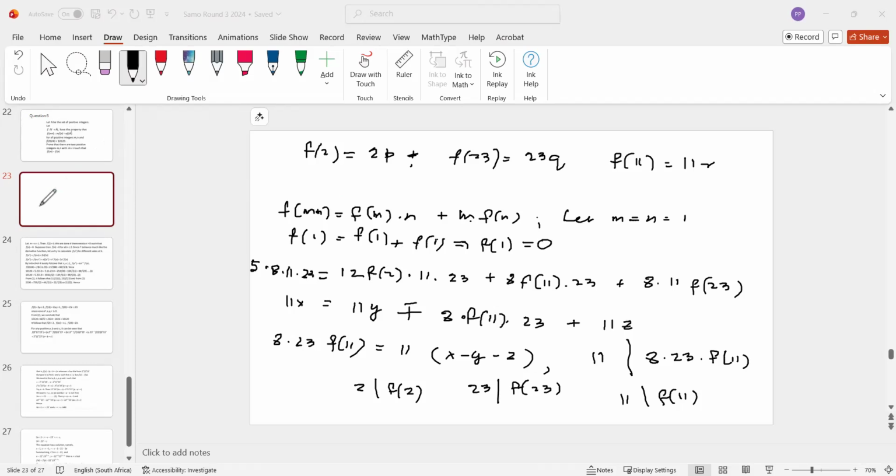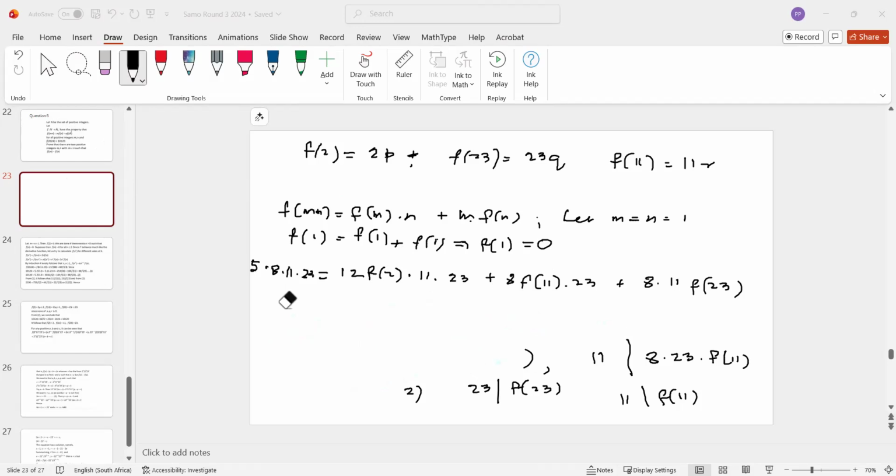I need this equation here, so I'll just rub off all the other things. Now just ignore this equation which I left here, because I'm going to go down to the last thing we said: f of 1 is 0.